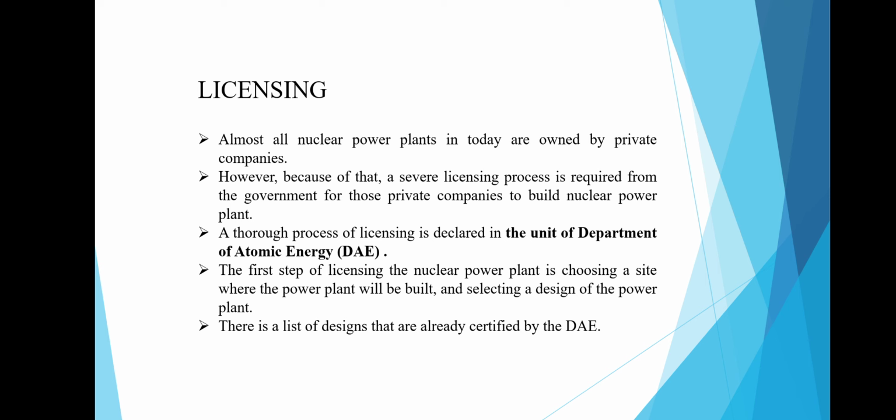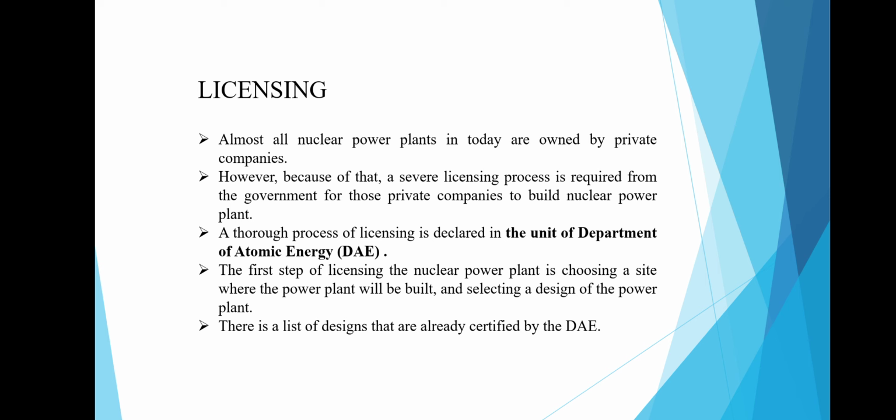So first is licensing. Almost all nuclear power plants today are owned by private companies. However, because of that, a severe licensing process is required from the government for those private companies to build a nuclear power plant. A thorough process of licensing is declared in the unit of Department of Atomic Energy.